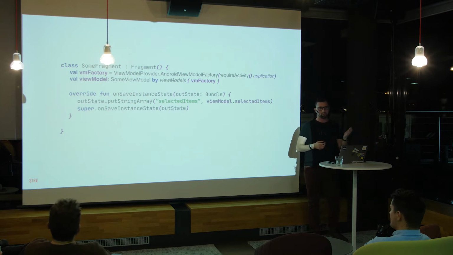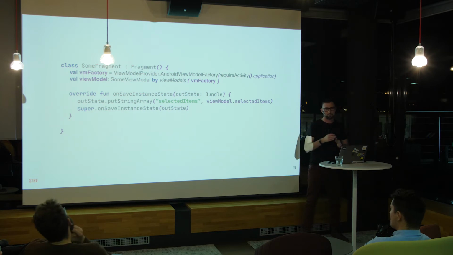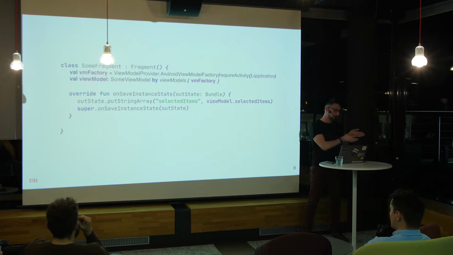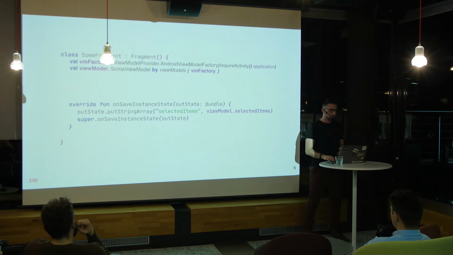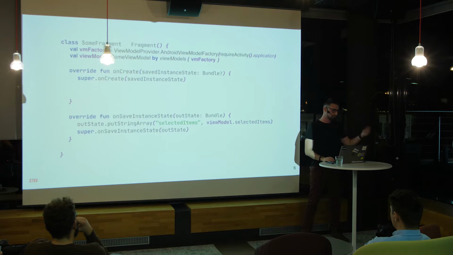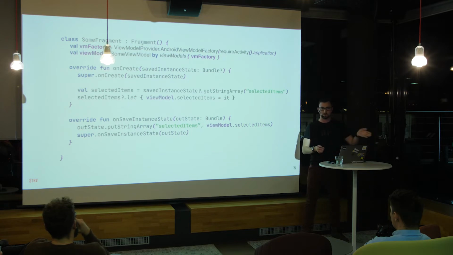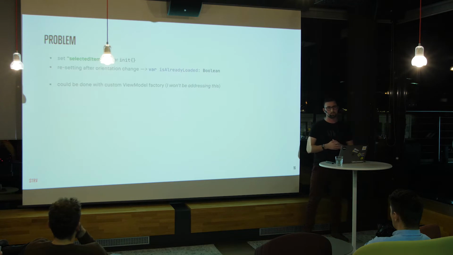Okay, so you know that fragments and activities, they have the state. So you'll be like, okay, I can save the selected items to the instance state, and then later on create of the fragment, I would retrieve it and set it to the view model. That would work, but there's the problem.